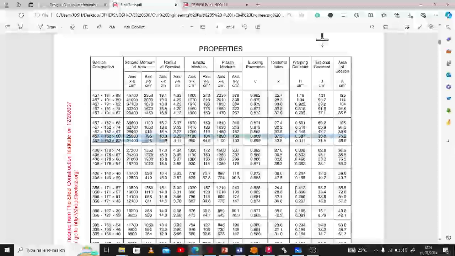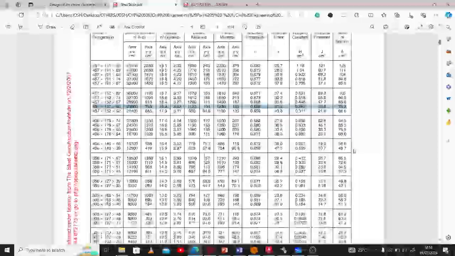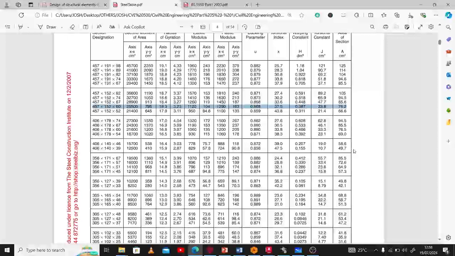Okay, so this exactly is what we need in our design attempt. So you see how we have been able to pick our trial section.